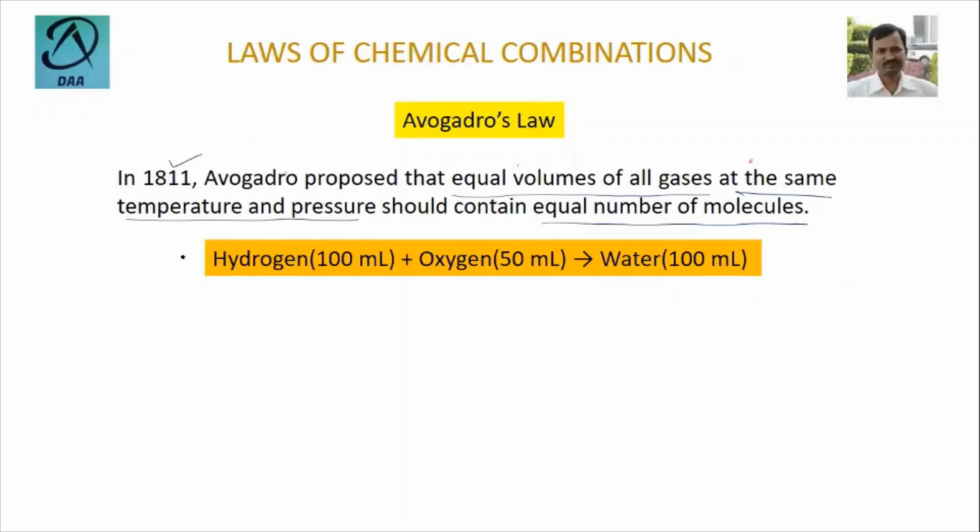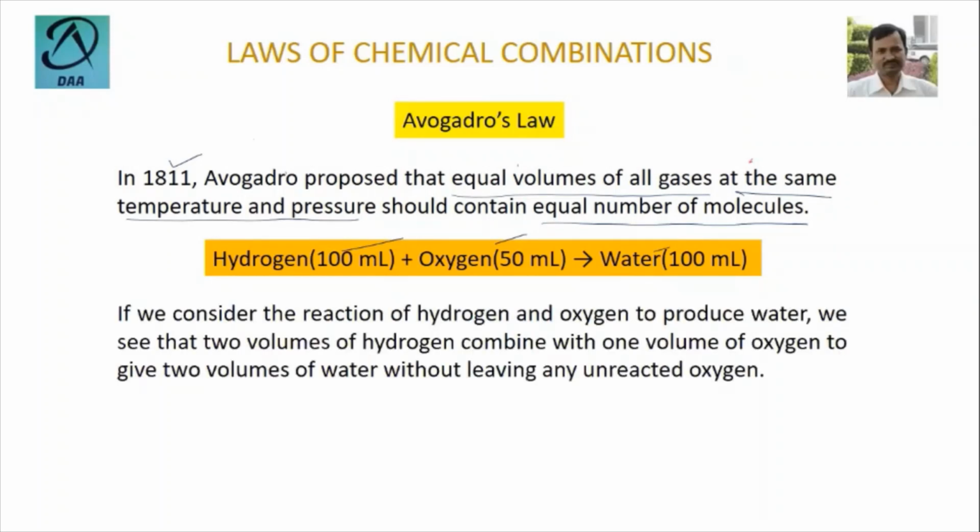Same example, hydrogen 100 ml, oxygen 50 ml to produce 100 ml of water. If we consider the reaction of hydrogen and oxygen to produce water, we state that 2 volumes of hydrogen, that means if it is 50 ml, 50 ml, 2 volumes, react with 50 ml of oxygen, that means 1 volume of oxygen, to give 2 volumes of water.